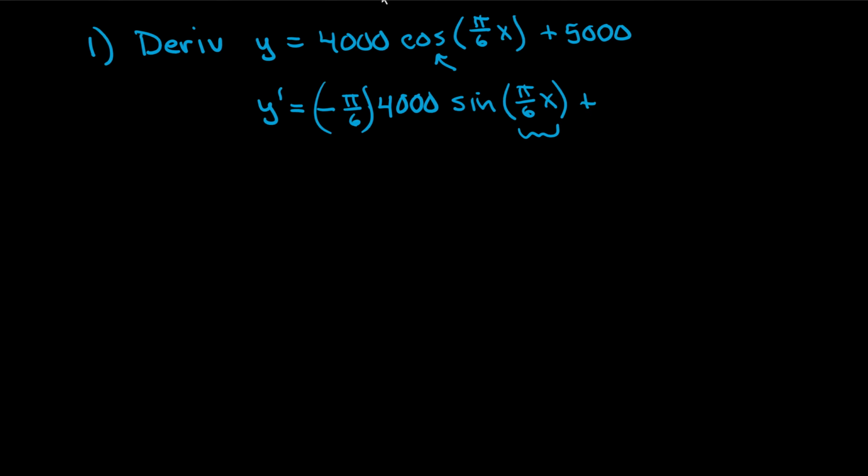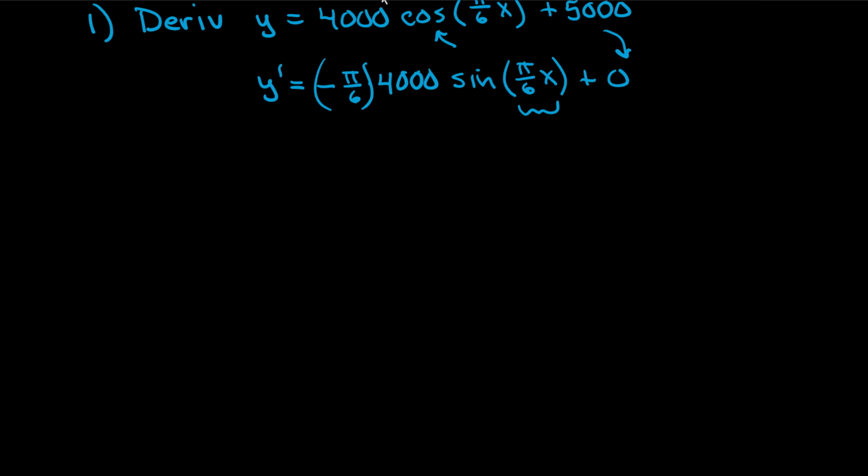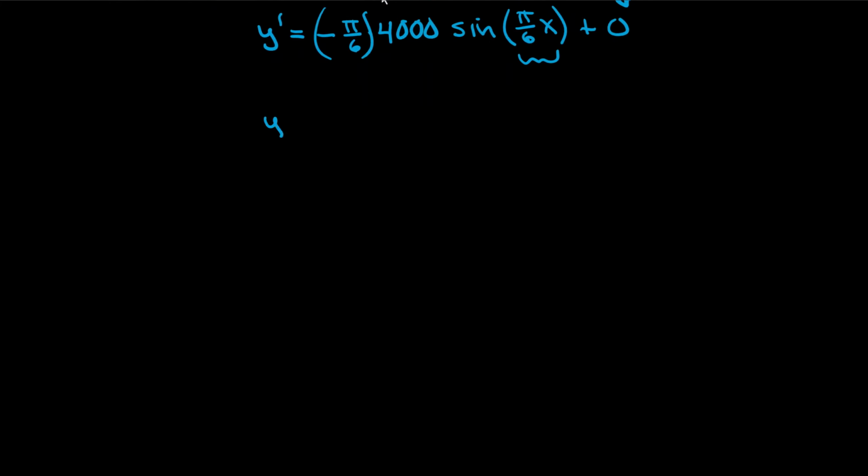And then plus the derivative of 5,000, which is 0. So I can clean this up a little bit, and we get y prime equal to negative 2,000 pi over 3 times the sine of pi over 6 times x. Okay, so here is our derivative.